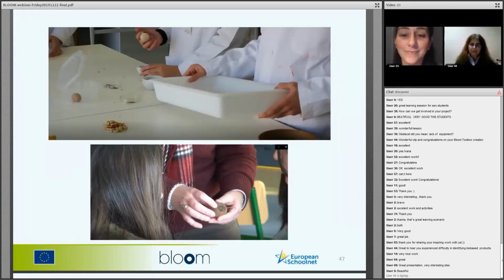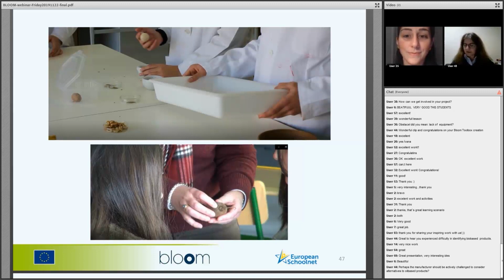So we gave them nuts, kiwis, so foods from the local market, and the students began by observing the fruits and identifying the wastes. Then they investigated the composition of the waste to give it another use. They tested their ideas in the lab.